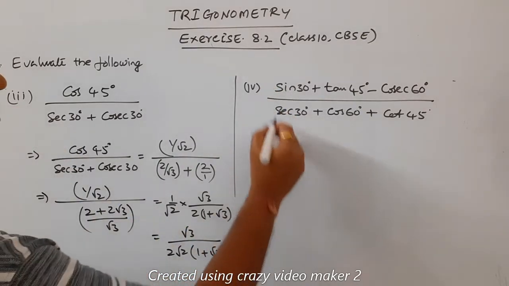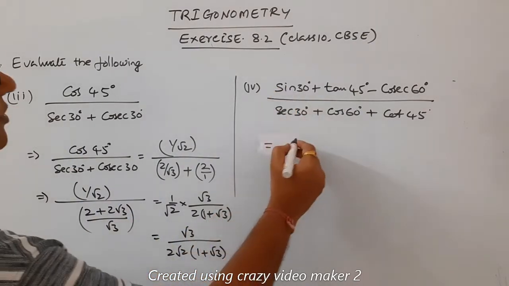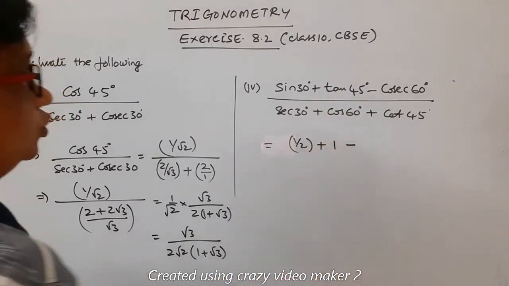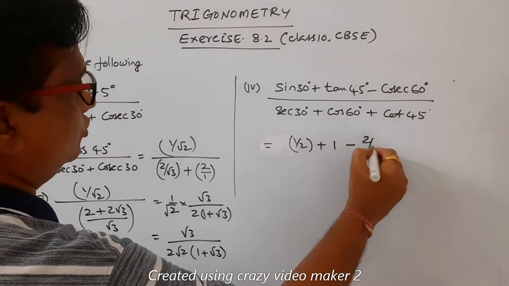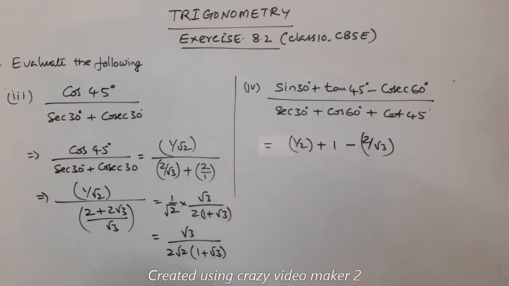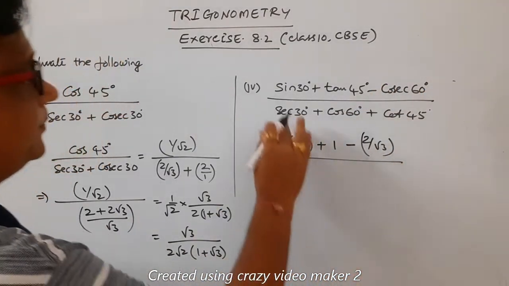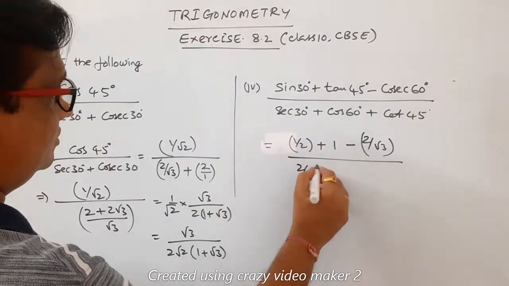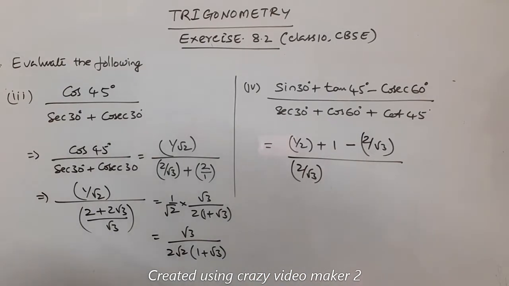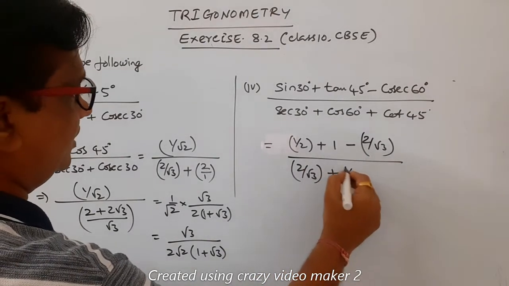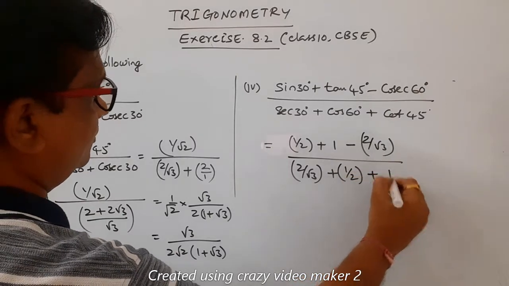Now in this one, sin 30 means 1 by 2, tan 45 is 1, cosecant 60 is 2 by root 3 because it is the reciprocal of sin 60, secant 30 is 2 by root 3, cos 60 is 1 by 2, plus 1.